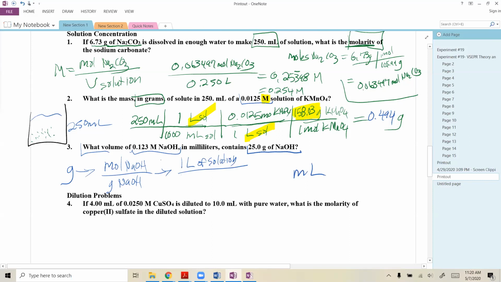How many moles of sodium hydroxide do I need for 1 liter of solution? 0.123. So your concentrations are kind of like conversion factors. And then if we want to get that into milliliters, we just multiply it by 1,000.